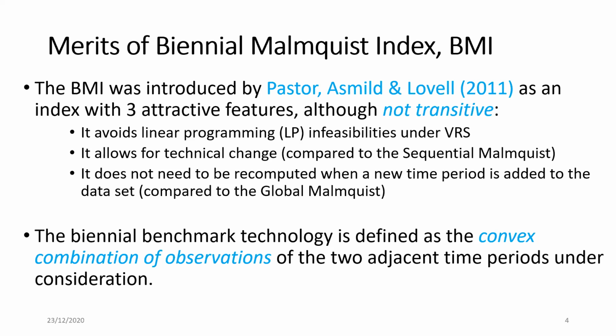We will look at a piece of this when we are going through. So for the biennial Malmquist, you create a biennial frontier because there is a biennial technology, and this biennial technology or frontier is defined as a convex combination of observations of the two adjacent time periods that you are looking at. Like I said, we'll be looking at more examples of this.